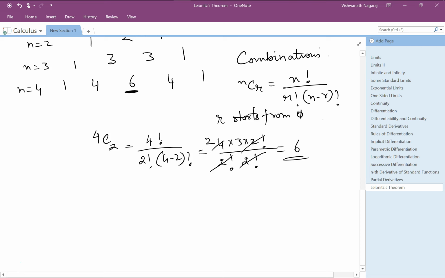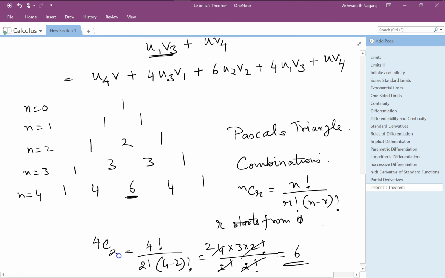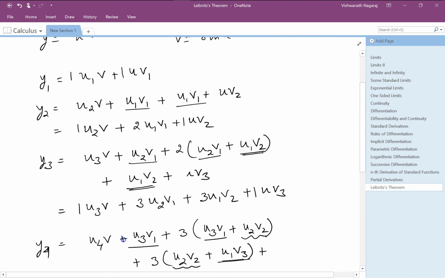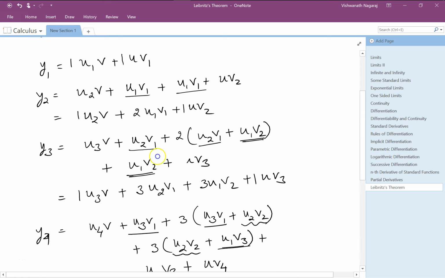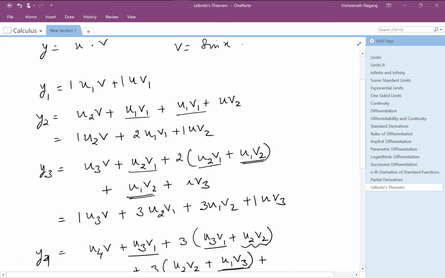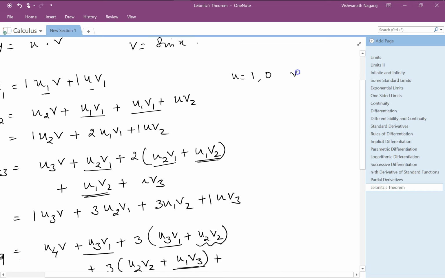Okay, that's one thing. Now, second thing is let's look at the subscripts of the terms. Here, if you notice, the subscripts for u start from 1 and it becomes 0. For v, it is 0, 1. Here 0 means that it is the function itself, not a derivative.